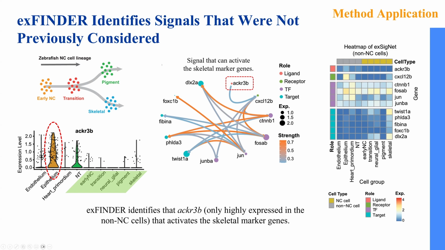In this case, those non-neural cluster cells serve as external unmeasured cells because they are not included in the original paper, and they can still send signals to the neural cluster cells and potentially activate those marker genes for the skeletal cells.